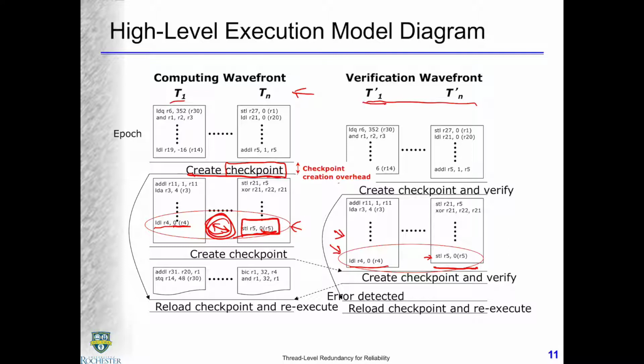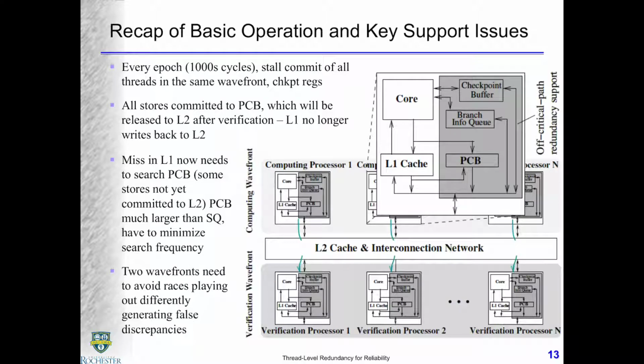So for memory content, stores need to be buffered. So you need to put them aside to say, I need to make sure that everything is right before you're allowed to modify the memory, okay? Rather than, if something is wrong, somehow restoring the previous content. So all the writes have to be buffered into the post-commit buffer.